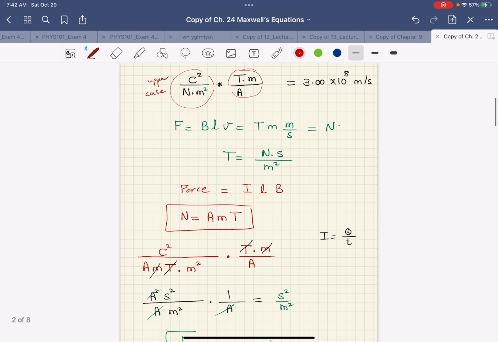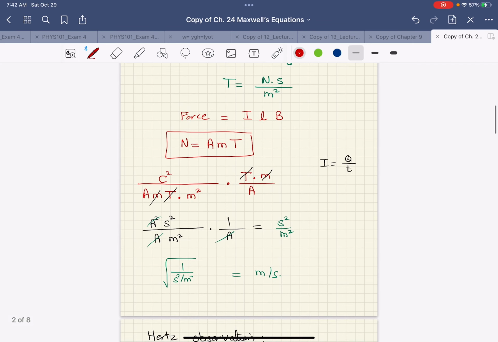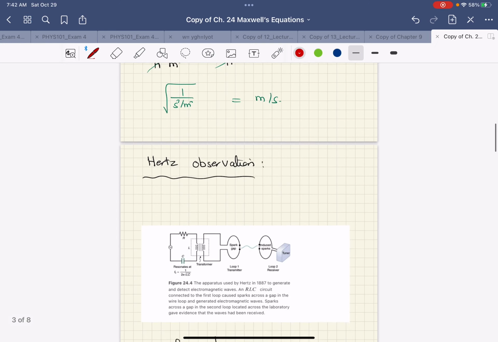When I multiply coulomb squared divided by newton times meters squared, and this is tesla times meters divided by ampere, these are going to cancel, and here I can reach meters squared per second squared. When I take the square root, it's going to be meters per second.